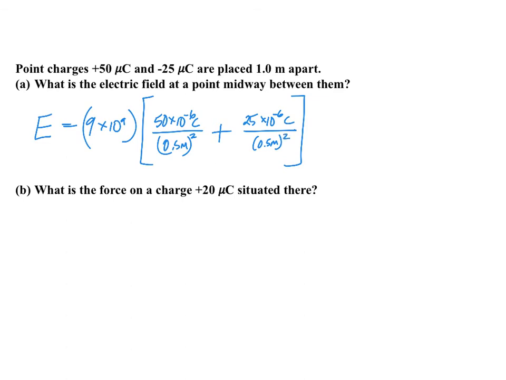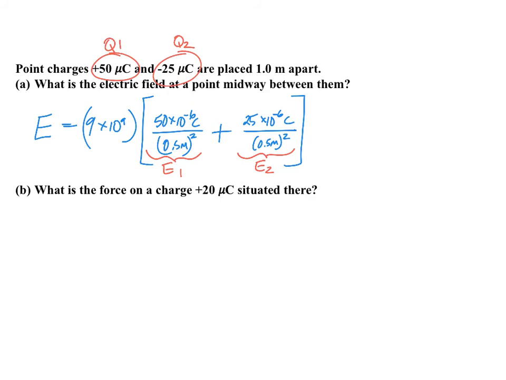Now, I could have written this field equation twice. I could have written the field of one plus the field of the other, or I could just add them because they both have the common factor of the constant. So if this is charge 1 and this is charge 2, this is E1 and E2, and they both have their k factor extracted out.